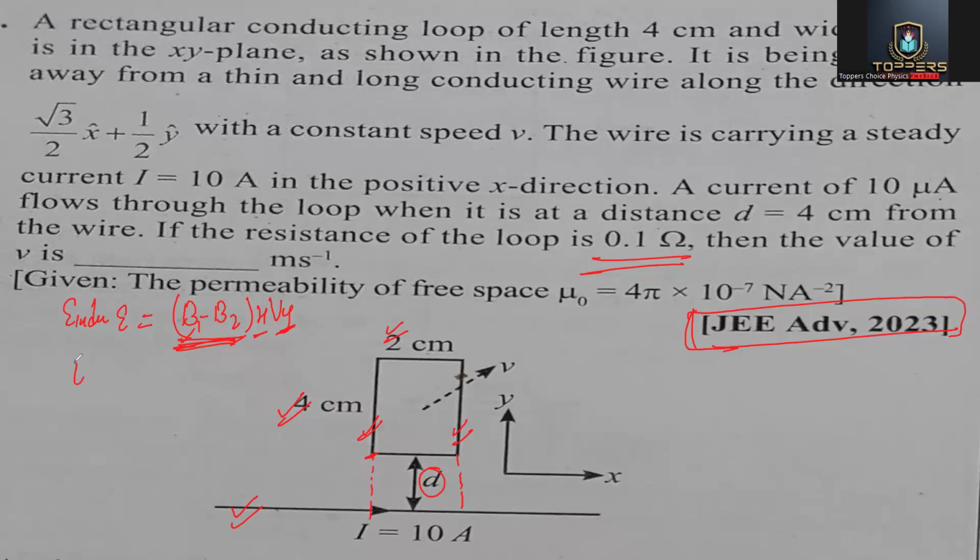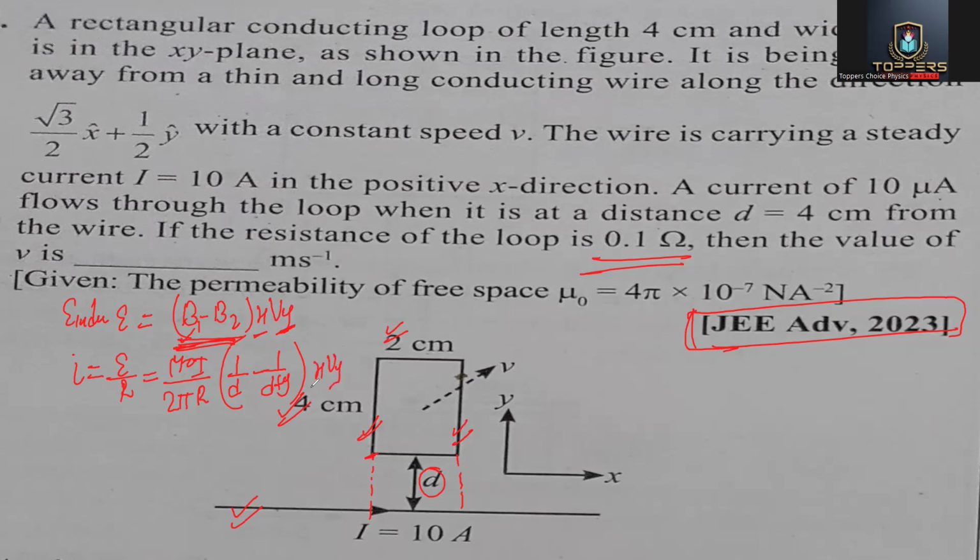So if we are going to find the induced current, I is equal to what? E by R. And what is E here? Mu naught I upon 2 pi R into, look here very carefully, 1 by d minus 1 by d plus y, and what is that?